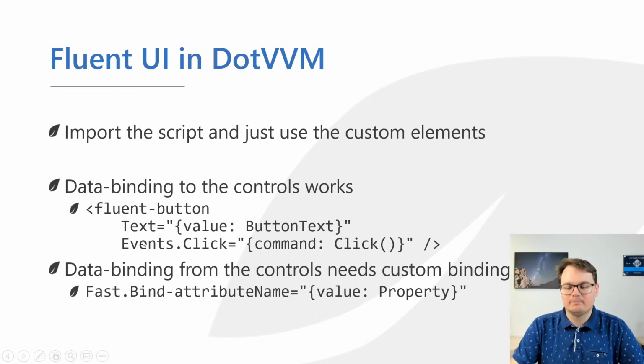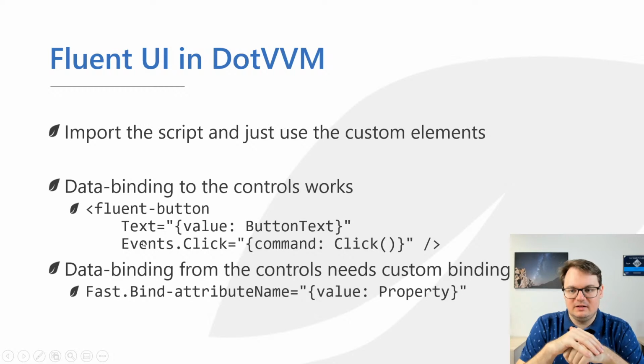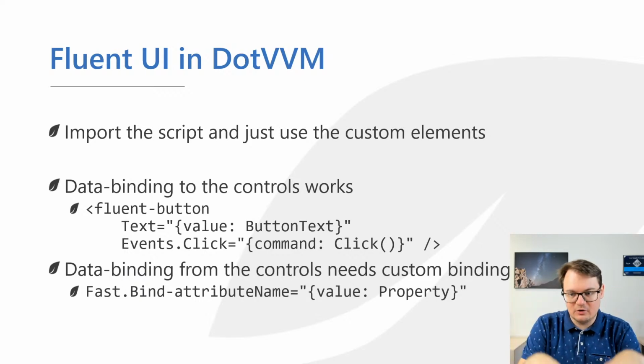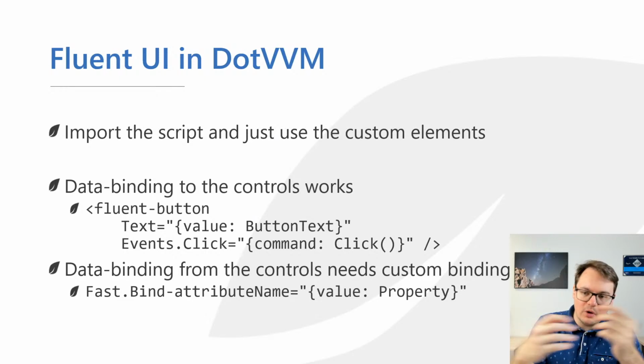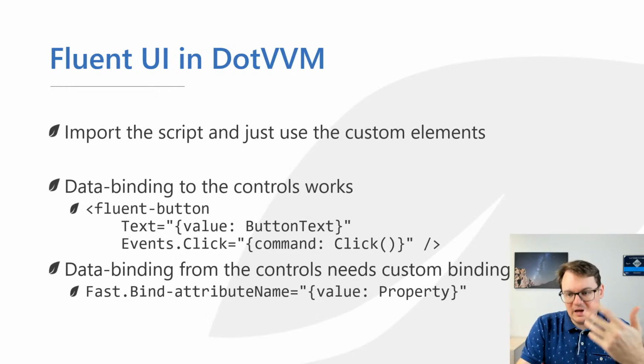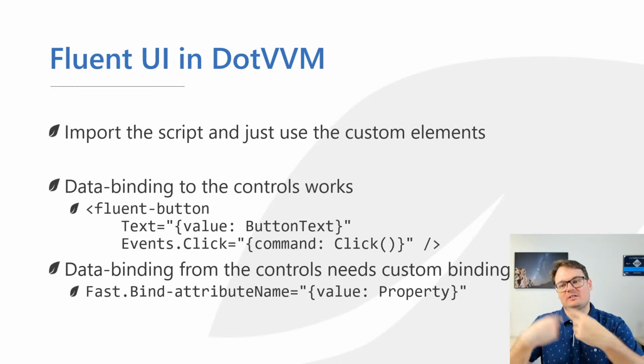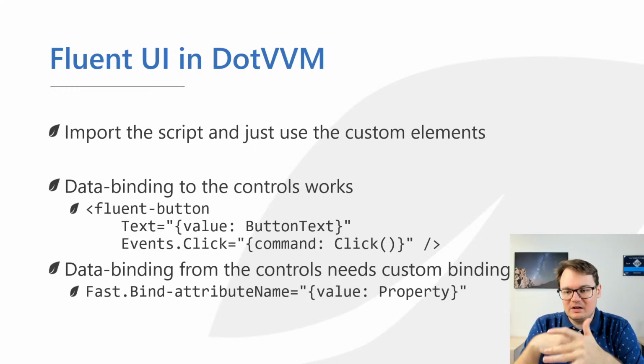What's a little bit more complicated is two-way data binding, because when you change the controls' attributes, these changes are propagated into the control, and the control will respond to them. So you have seen that I added the background color attribute on the Fluent design system provider, and the component detected the change and changed the styles. But when the control itself changes its attribute, by default, nobody is notified about this change. And of course, DotVVM relies on these notifications.